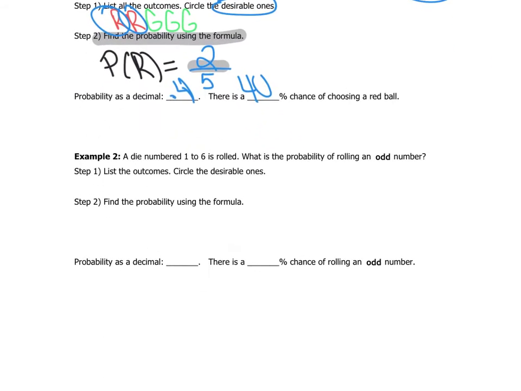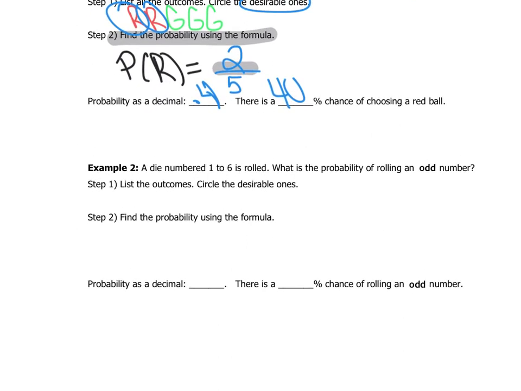Okay. A die numbered 1 to 6 is rolled. Okay, well, what are all of our possible outcomes? 1, 2, 3, 4, 5, or 6. Okay, now we want to think about, all right, how many total outcomes are there? There are 6 total. And the probability of an odd. So I'm going to say the probability of odd.